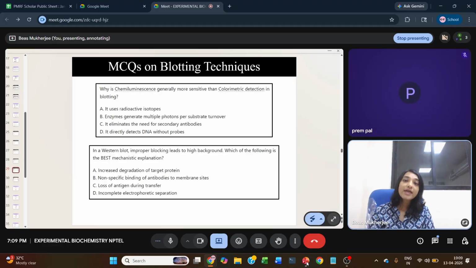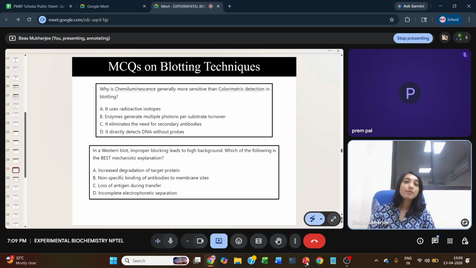Next one: why is chemiluminescence generally more sensitive than colorimetric detection in blotting? So why is this more sensitive? Okay. It uses radioactive isotopes. Enzymes generate multiple photons per substrate turnover. It eliminates the need for secondary antibodies. It directly detects DNA without probes.